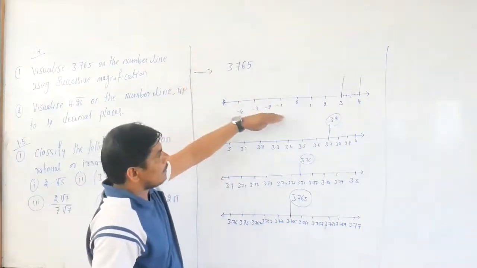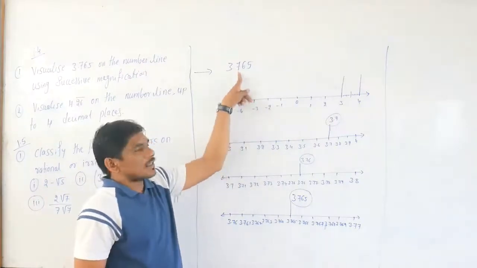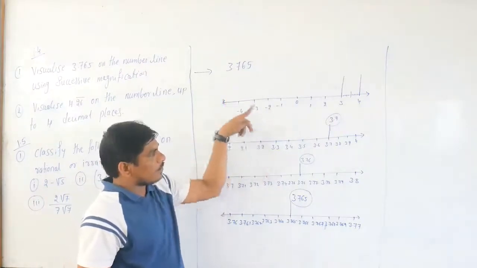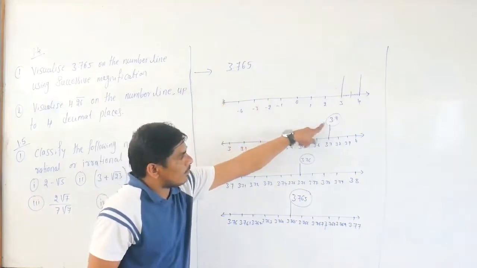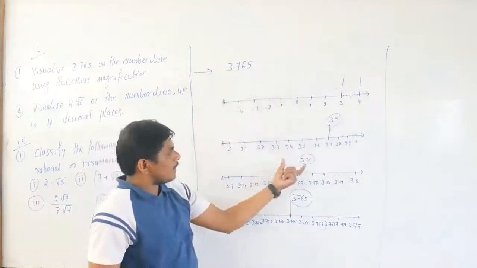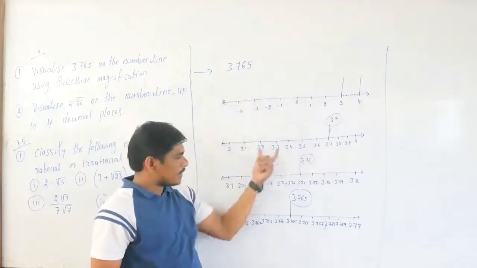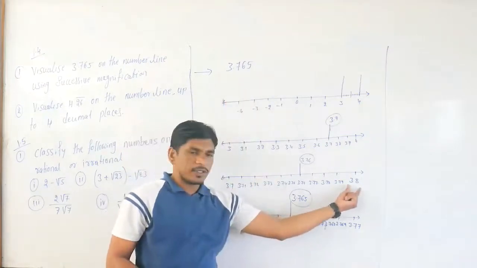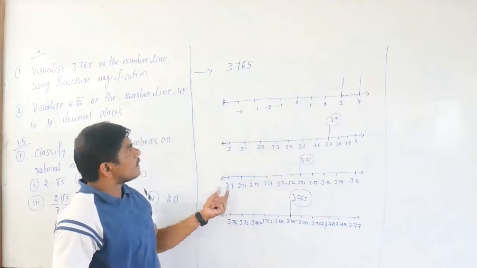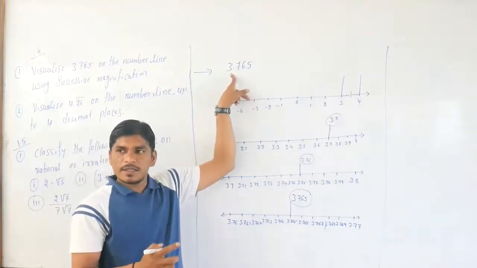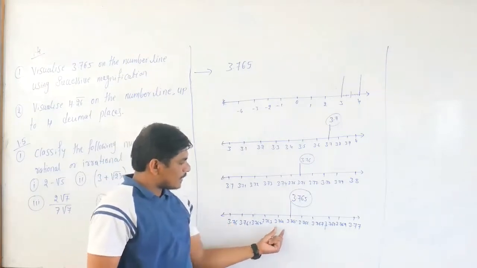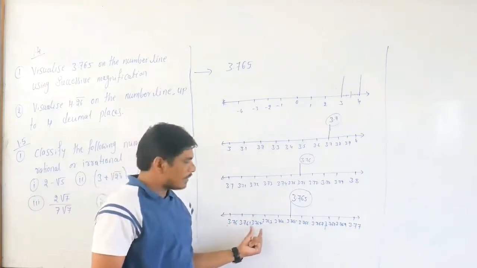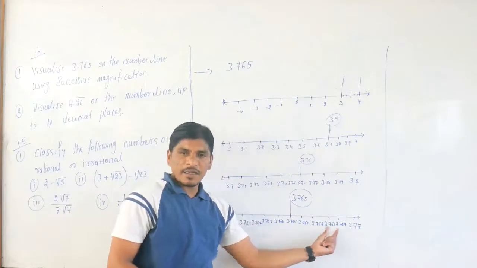In the first step you identify the first digit. In the second step you identify 3.7, and next you identify 3.76 in between 3.7 and 3.8. The given number has 3 decimal digits, so 3.765 is in between 3.76 and 3.77.